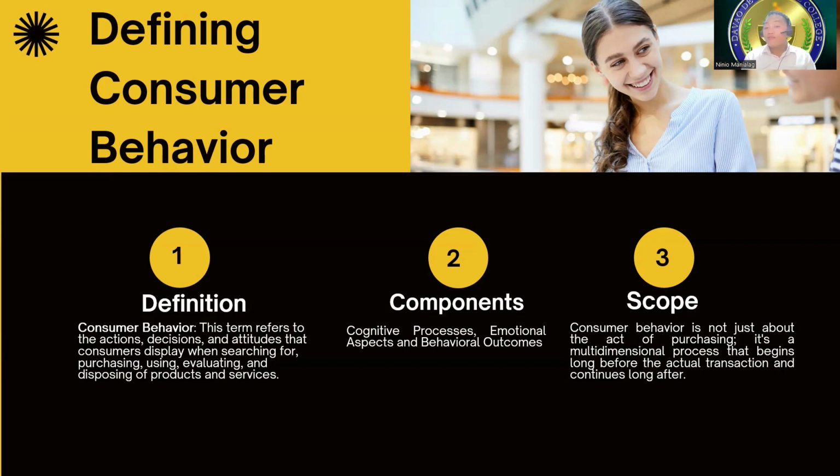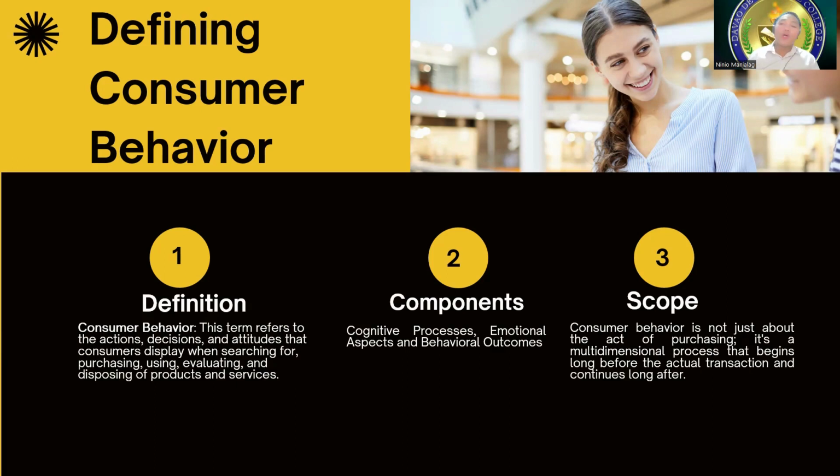A consumer might feel aspirational about a luxury item, nostalgic about a classic product, or even anxious about making an expensive purchase. And behavioral aspects are the tangible actions taken, such as visiting stores, clicking on an ad, placing an order or item in the online shopping cart, making a purchase, or even returning the product.